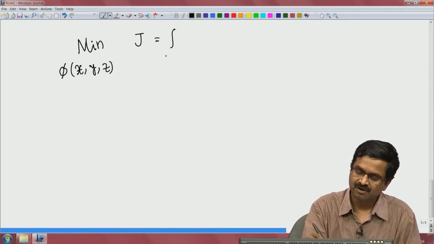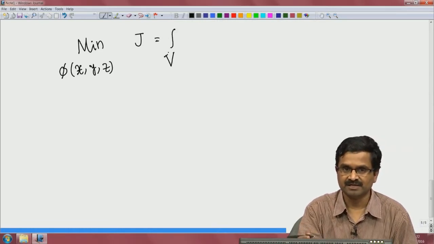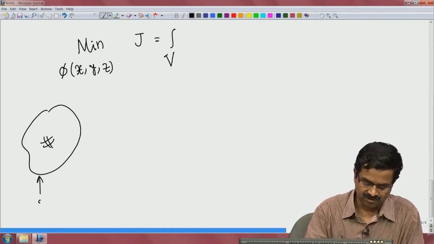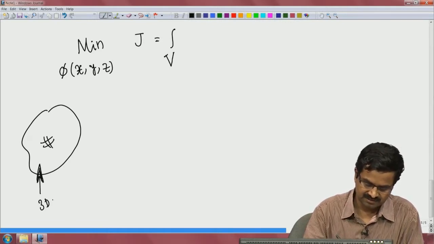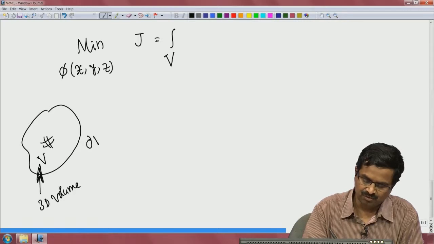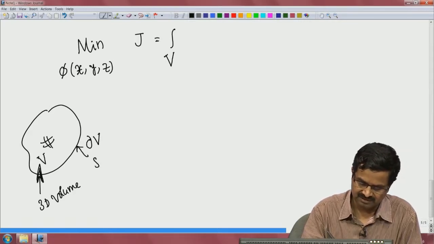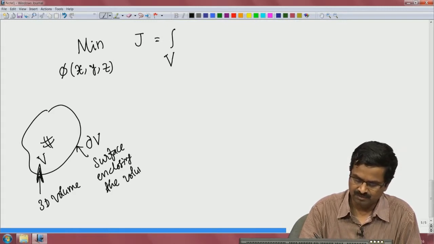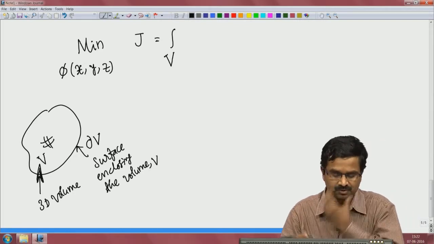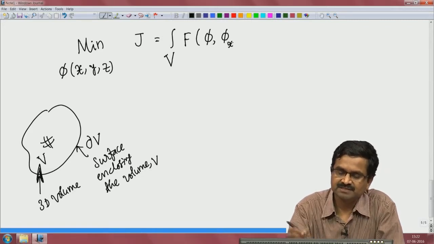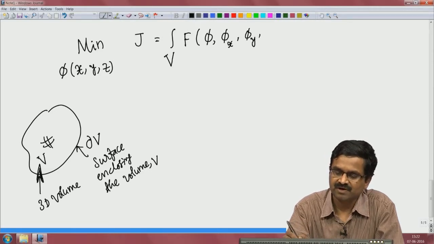Our integrand now will be over a 3D domain, or I will denote it as volume V. When I put this, it means the inside part is the 3D volume, and that is V. If I show ∂V, that is a boundary surface, the surface enclosing the volume V. So, here I can write my integrand in terms of phi, and then phi sub x, phi sub y, phi sub z.